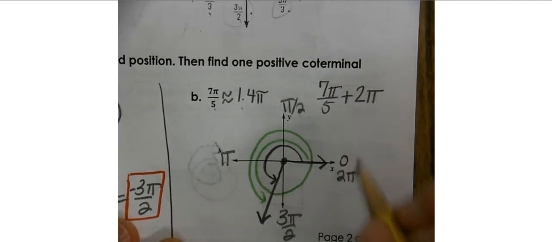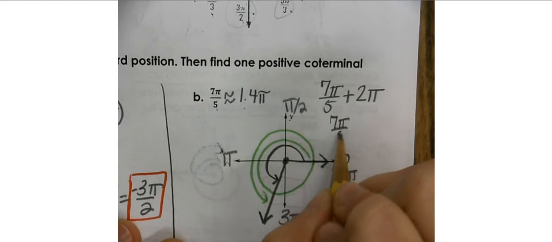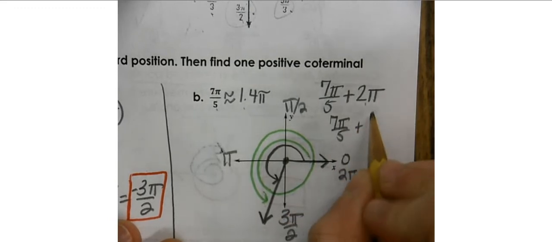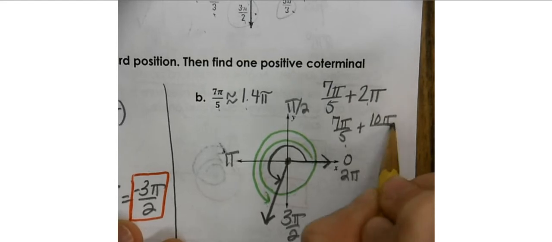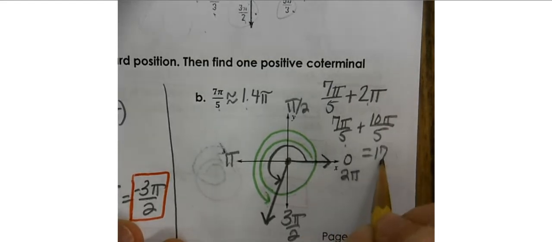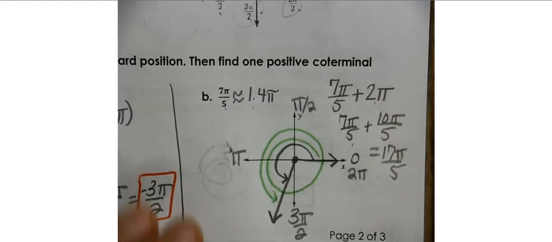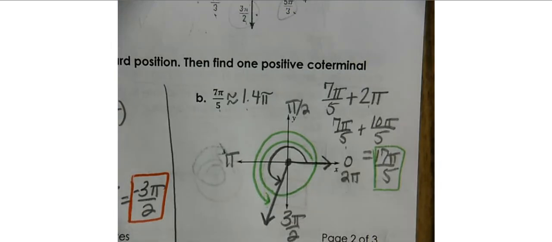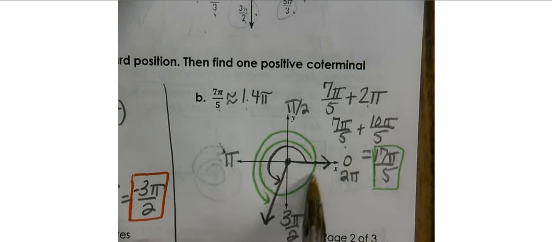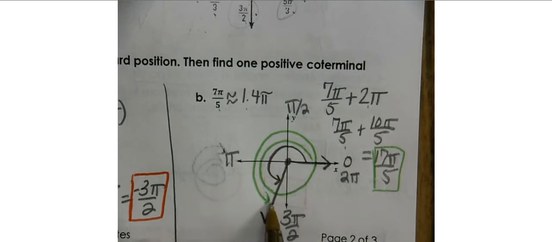Changing my denominator to be 5, that's 10 pi over 5, to get 17 pi over 5. And that represents my positive coterminal angle. If we were to travel 17 pi over 5, we would end up at this location.